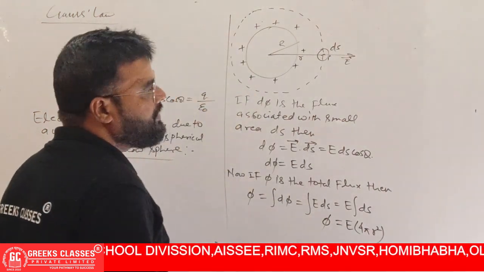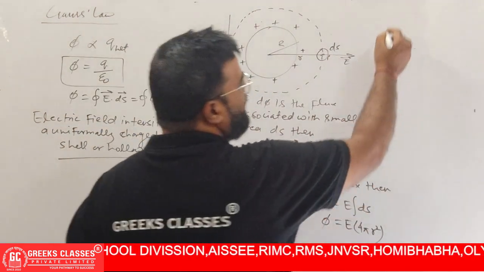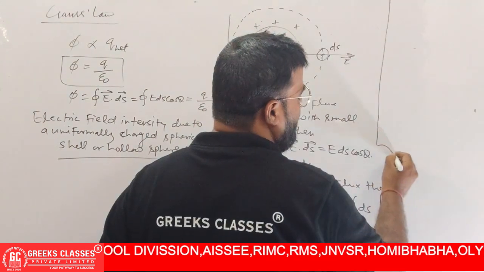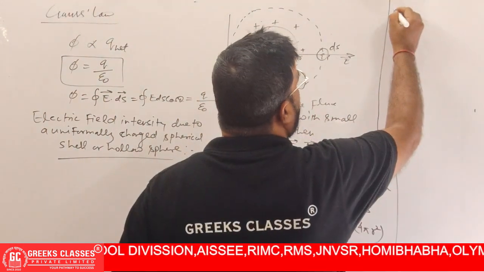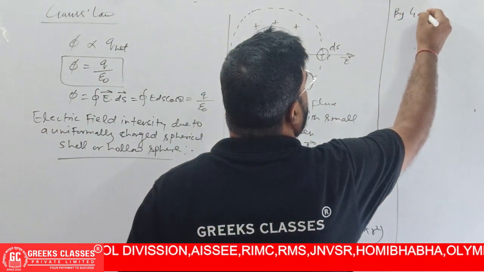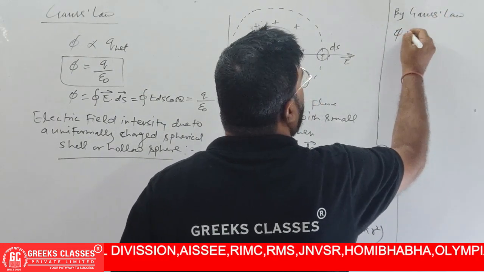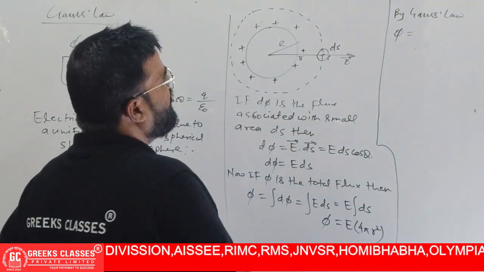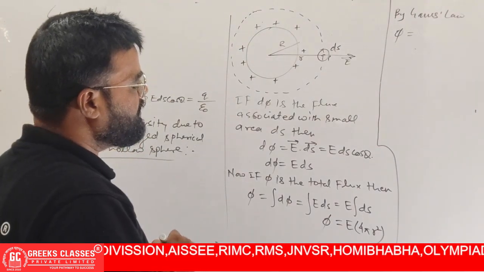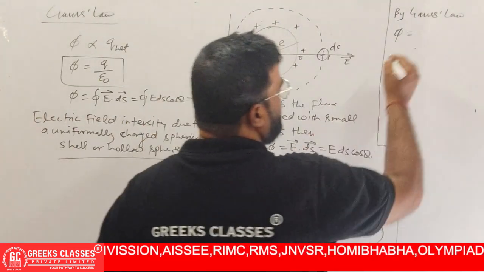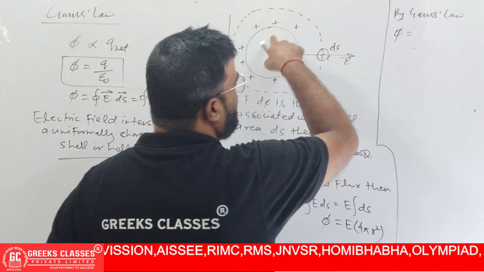Now this is phi. So by Gauss law, the total flux is equal to Q upon epsilon naught, right?